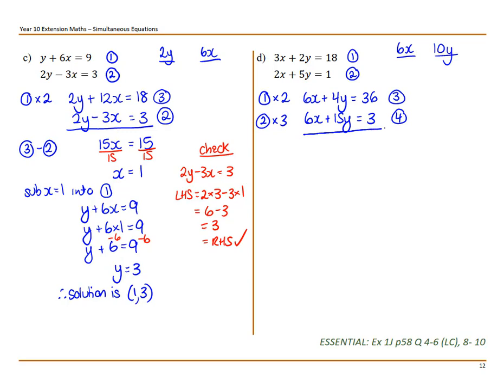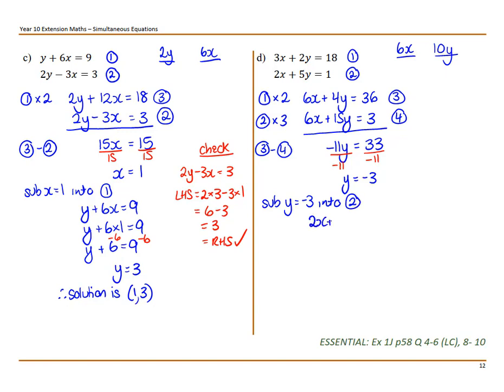To eliminate a variable, I can subtract. I can go 3 minus 4. 6x minus 6x is gone. 4y take 15y is minus 11y. 36 take 3 is 33. I then divide both sides by negative 11 to get that y on its own. So y is negative 3. I then sub y equals negative 3 into one of my equations. I'm going to choose equation 2 because they're smaller numbers.